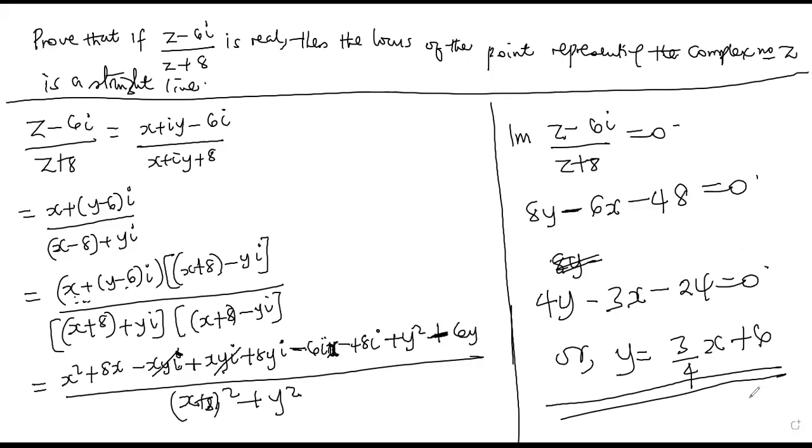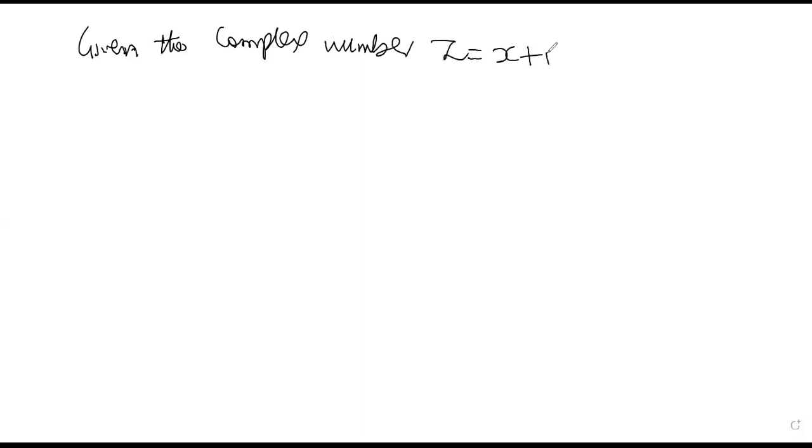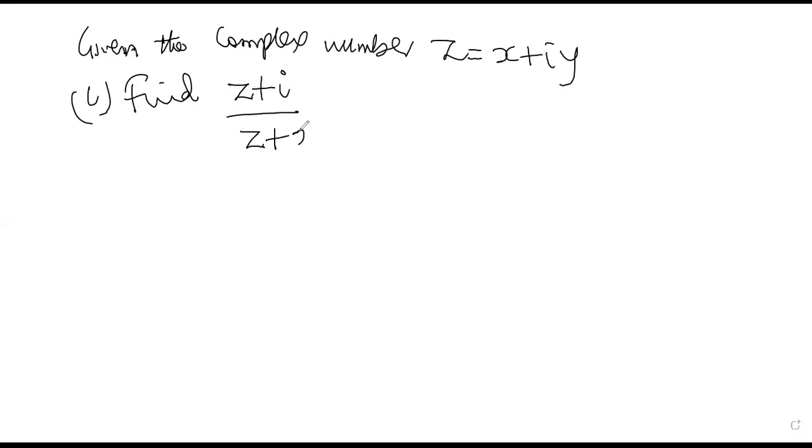Then the question that is similar to that, which I can leave behind for you to do, is: given the complex number z equals x plus iy, Roman 1, find (z plus i) over (z plus 2).